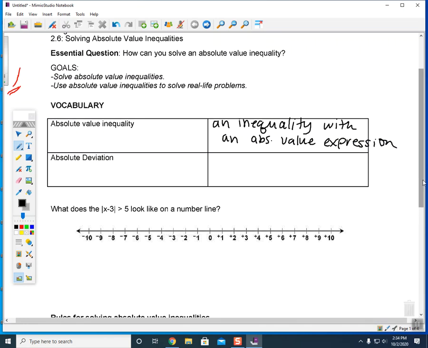If I'm looking at absolute deviation, this is what we've talked about a little bit before. So I am looking at how spread out my data is.